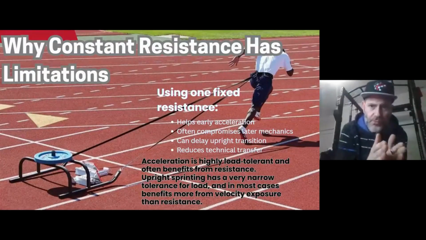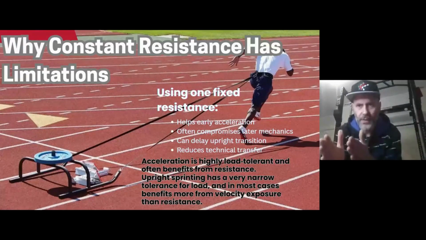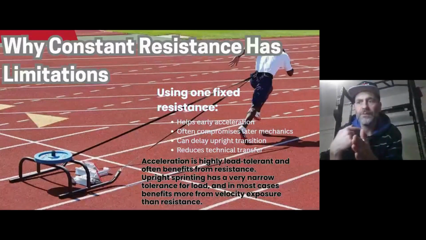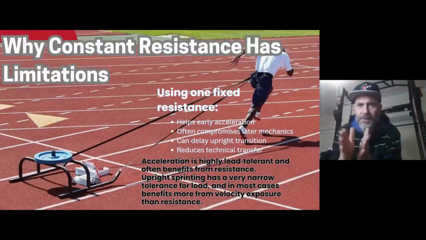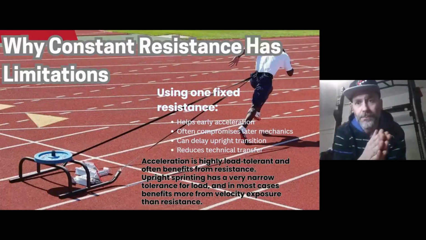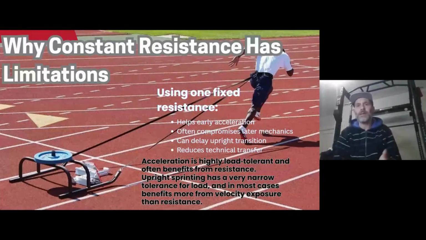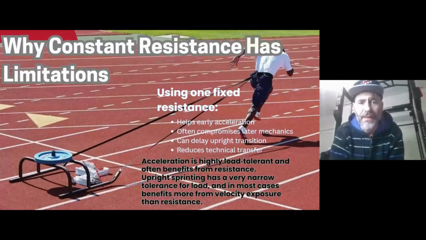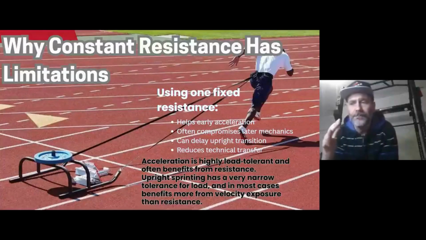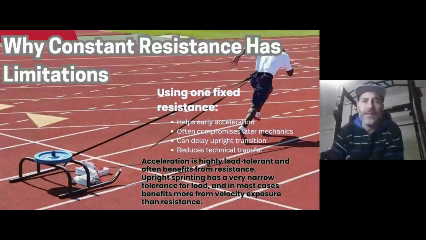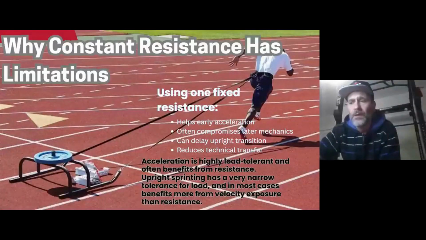It's heavy enough to meaningfully overload the first steps, but light enough not to distort the mechanics later. The main problem is that acceleration benefits from load, but upright sprinting is extremely load sensitive. So if resistance stays high too long, the risk is that athletes overlean.